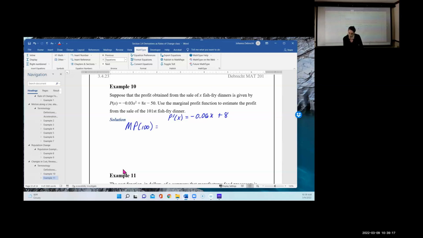And then I can plug in 100, and that will give me the marginal profit of the next item, which is the 101st one. So I've already sold 100. The next one I sell is going to be, I have no idea what that is. What, $2? So my profit on the 101st one would be $2.